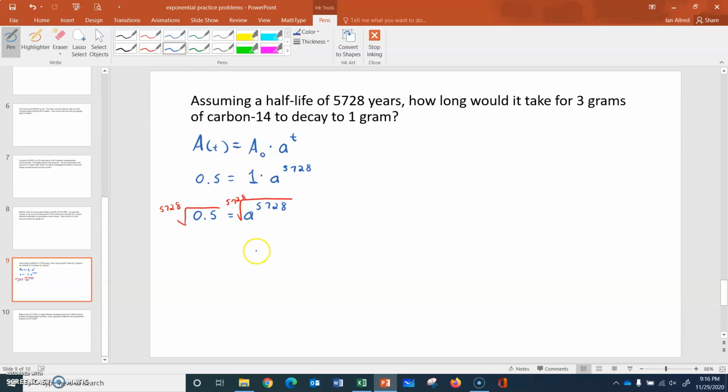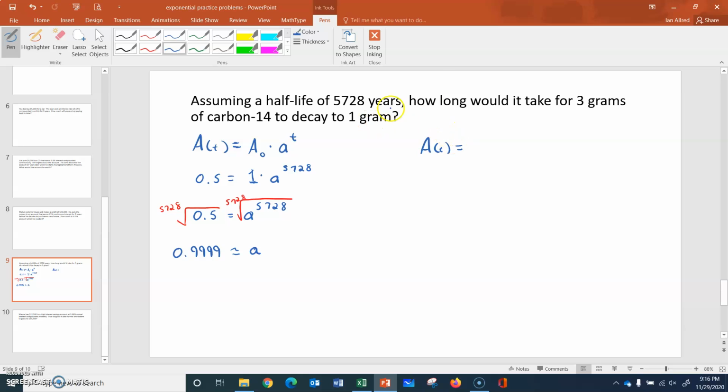But what we will get, if we round it to 4 places, should be about as close to 1 as we can get. 0.9999.